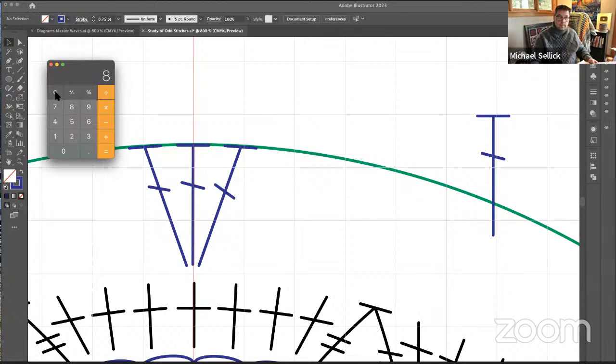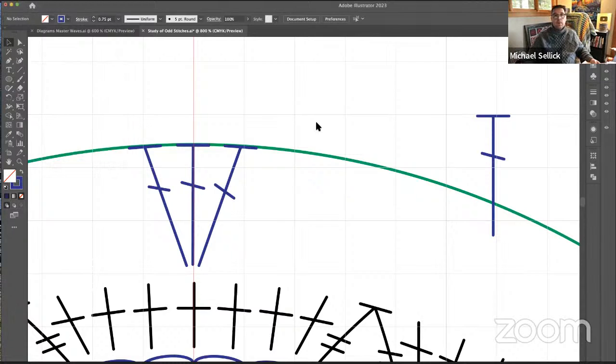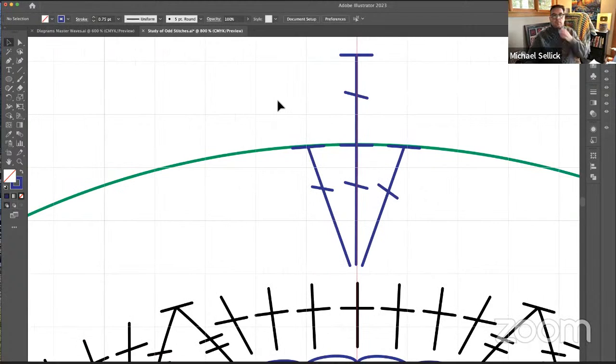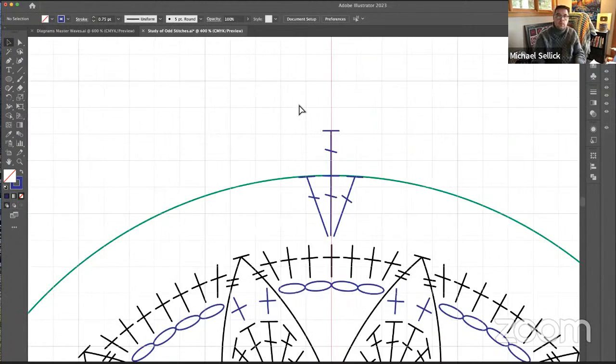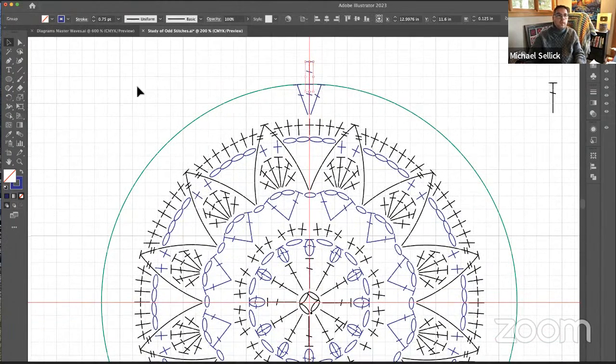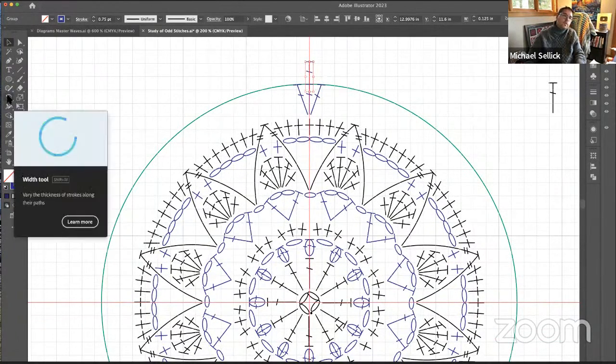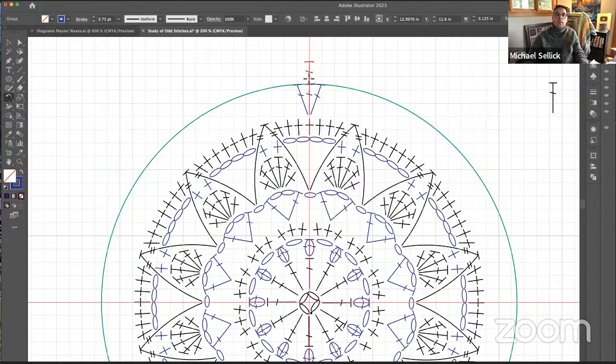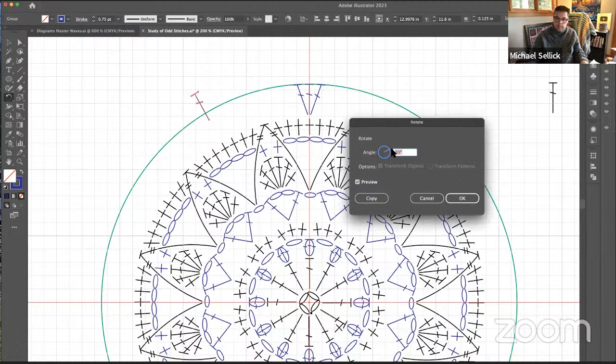I think it's 96 again. So I'm going to rotate him. 360 degrees divided by 96 points. Copy.